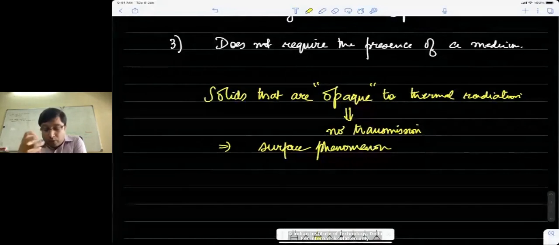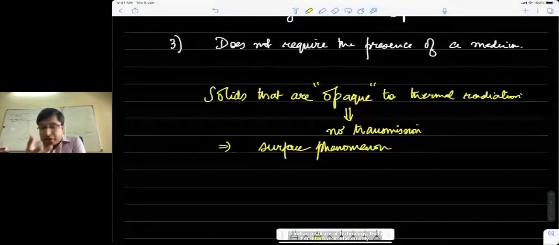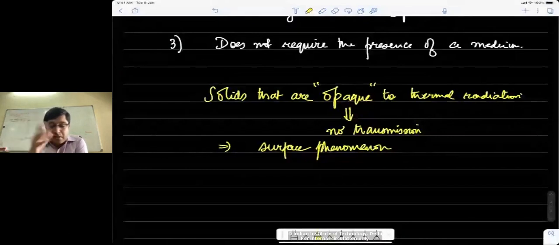We will not be worried about what happens in the interior, in the bulk, because there the radiation is not going to escape out from the surface. Whatever radiation even the internal matter provides, it gets absorbed within the solid itself, so it never reaches the surface. So we'll only be concerned with the thin layer, and that is why we will talk about it as a surface phenomenon. The surface is what is going to emit radiation.